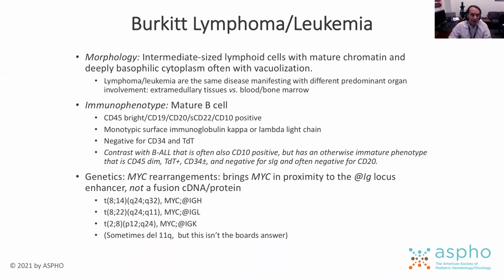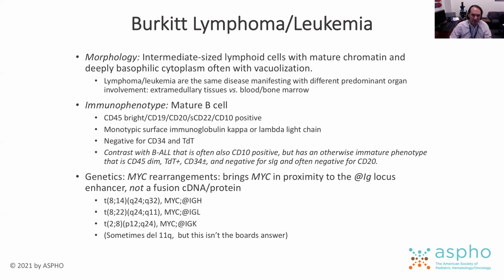So to recapitulate the morphology, Burkitt lymphoma and leukemia have a similar morphology. These are intermediate-sized lymphoid cells with mature chromatin, basophilic cytoplasm, and vacuolization. And as we'll discuss with T lymphoblastic leukemia, lymphoma, it's really a semantic distinction between whether a tumor is lymphoma or leukemia, depending upon the extent of marrow involvement, often required by certain protocols.